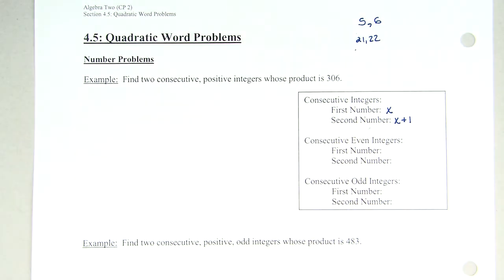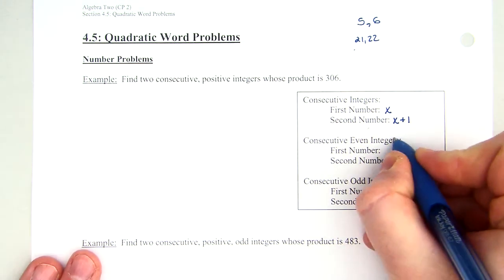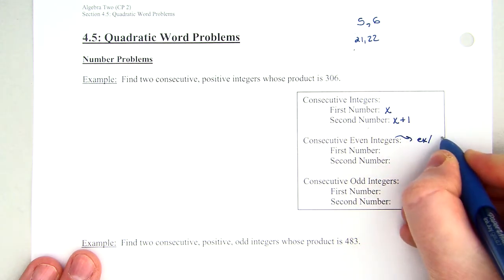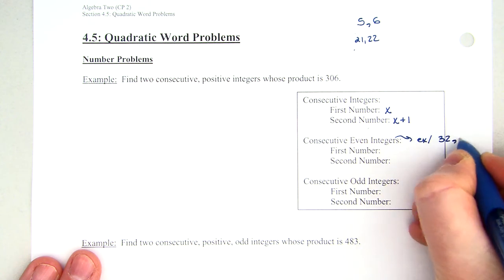But later on, we're going to take a look at problems that talk about consecutive even integers or consecutive odd integers, and I want to just take care of all that setup right now. For consecutive even integers, for example, we might have things like 32 and 34.